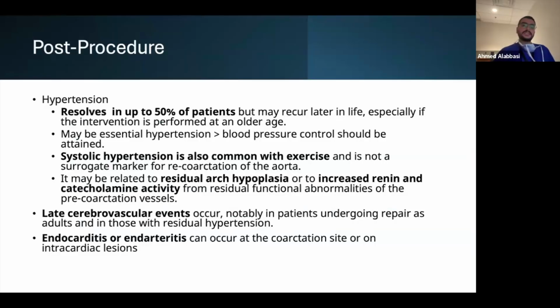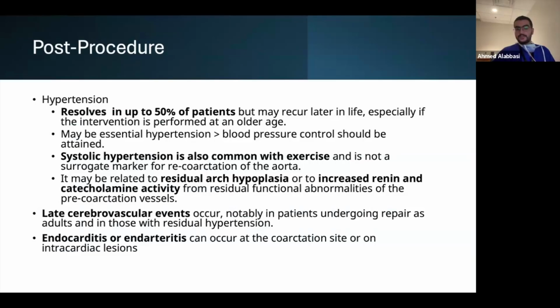I wanted to touch on this as you'd think that hypertension would completely resolve in these patients, but it actually only resolves in 50% of patients, and then it may actually occur later in life, especially if it's been done at an older age.